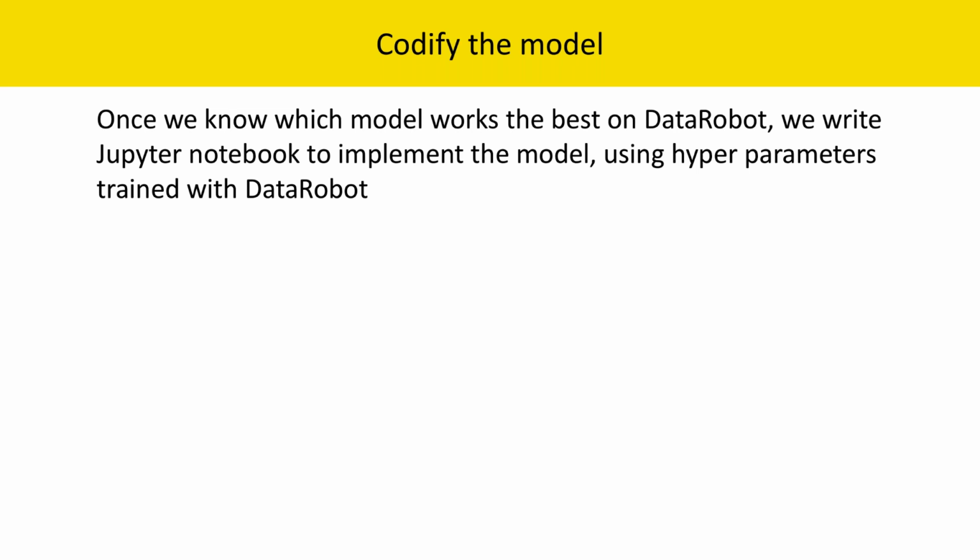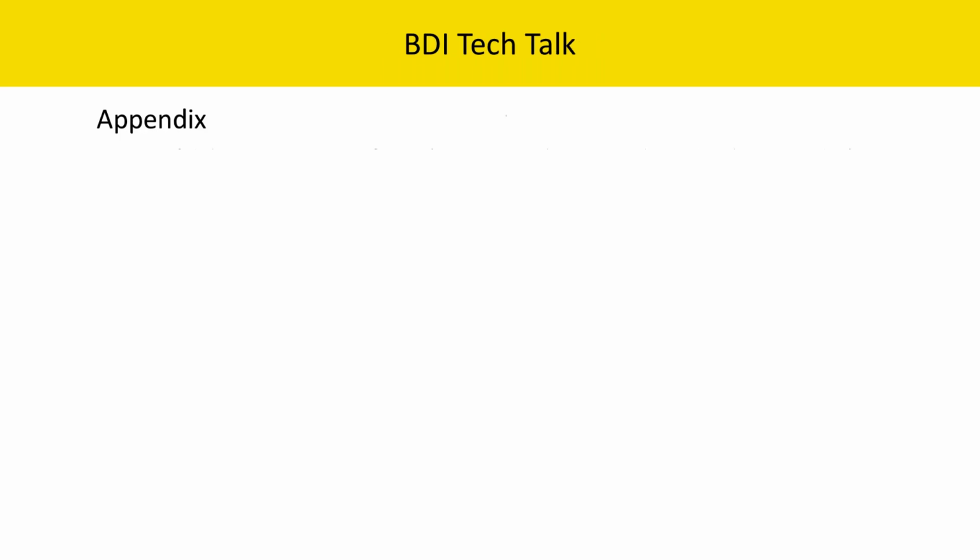And the beauty here is that when you're coding, you can copy all the hyperparameters you got from the DataRobot training and just put them into your code. We did that, and we found that training with our own code gave a similar result to DataRobot. So I just wanted to share that as well.